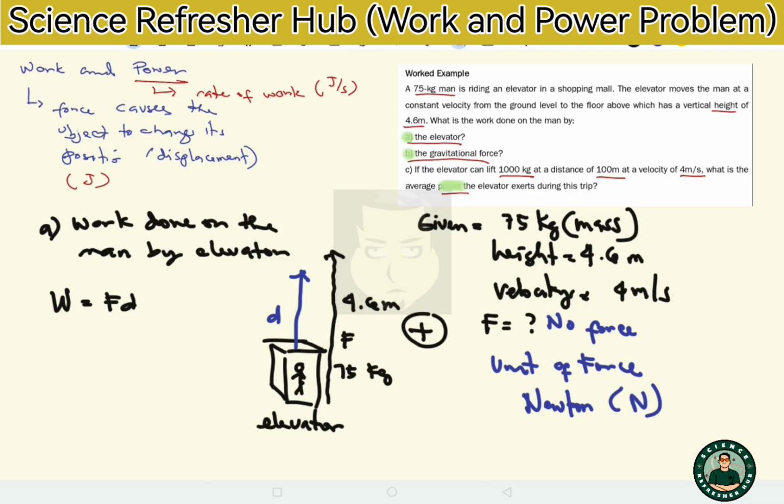Now, this is the game changer. You have to, okay, I will use the other color. You will have to focus on the mass of the object. If there is no force given in our problem, but you have a mass, we can convert it into force. So how to do it?